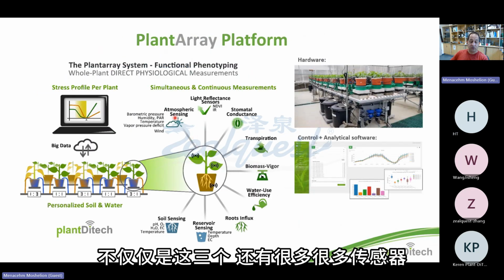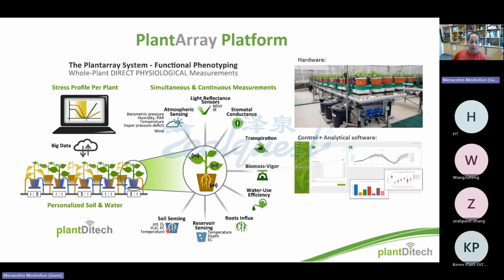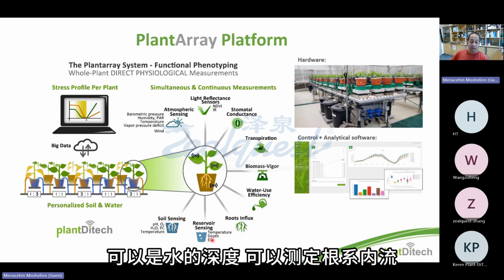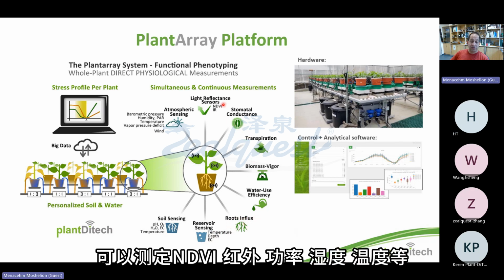The sensors could be pH, O2, water EC, temperature in the soil, depth of the water, root influx, NDVI, infrared, PAR, humidity, temperature, and so on and so forth.